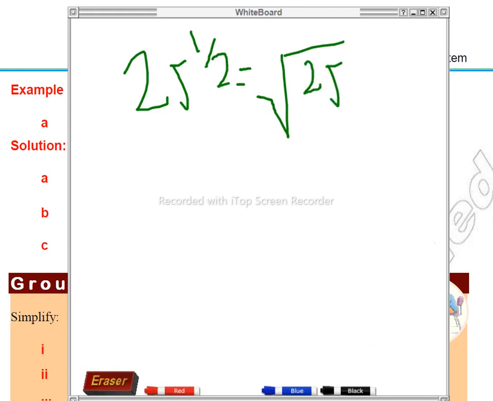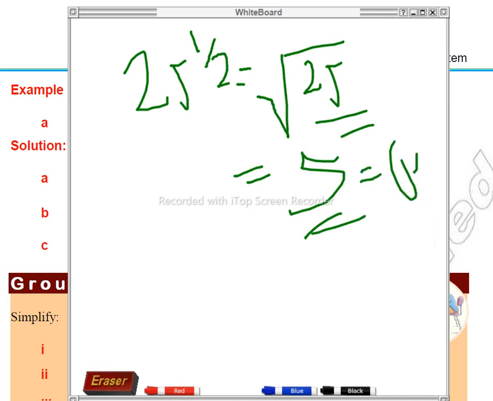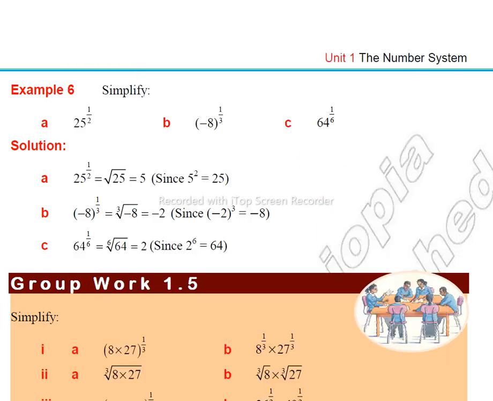When 25 comes out of the square root, it gives us 5. It is a very simple example, because 5 times 5 means 25.